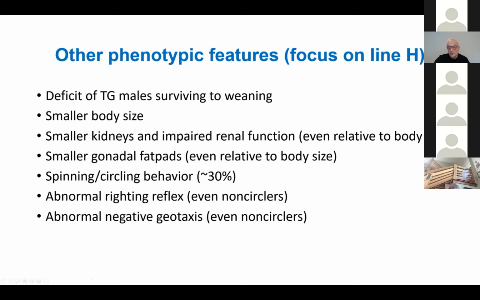About 30% of them exhibited that. And they had other abnormalities that could be potentially attributed to vestibular dysfunction. And that was the abnormal righting reflex, I'll tell you about that, and abnormal negative geotaxis. So multiple other somatic abnormalities in these transgenic mice.